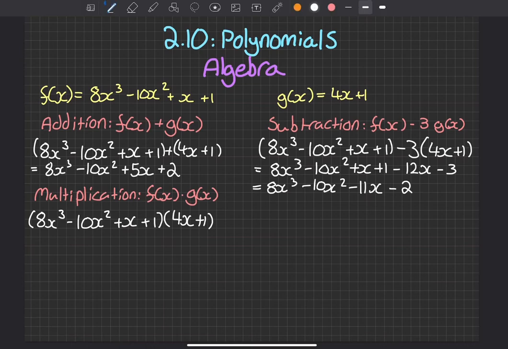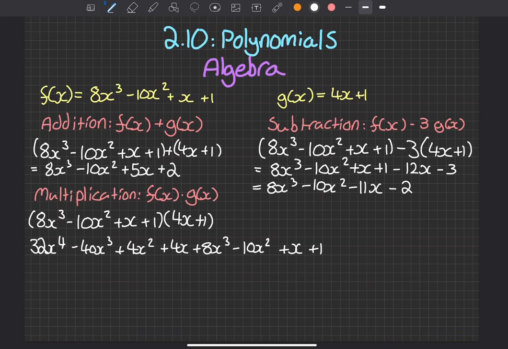So first you do 8x cubed times 4x, that'll give you 32x to the power of 4 minus 40x to the power of 3 plus 4x squared plus 4x. And then you do the plus 1, you bring in the plus 1, so plus 8x cubed minus 10x squared plus x plus 1, right?